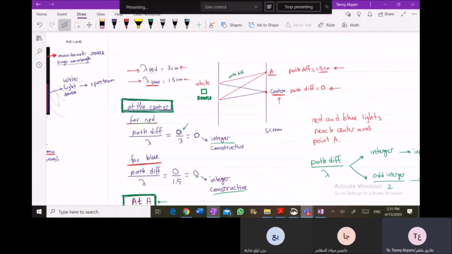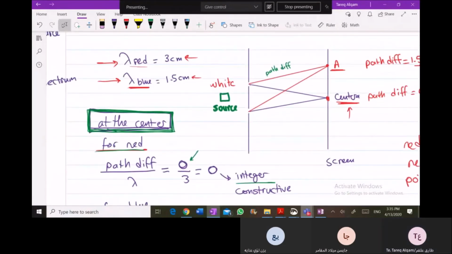In order to understand this, let's consider this example. Here we have a double slit, diffraction grating, no matter what it is, and a white source. When the waves reach these slits, they will diffract in all directions.